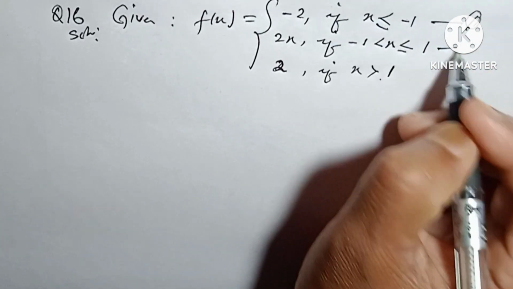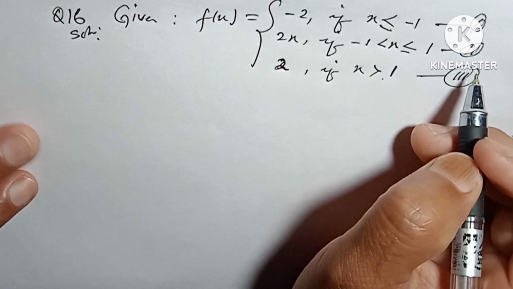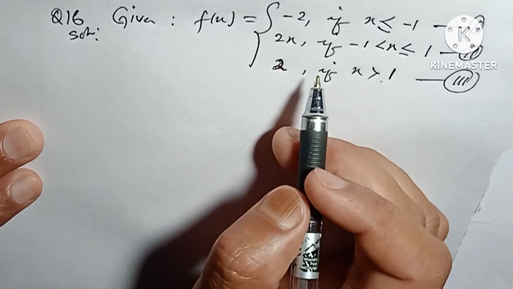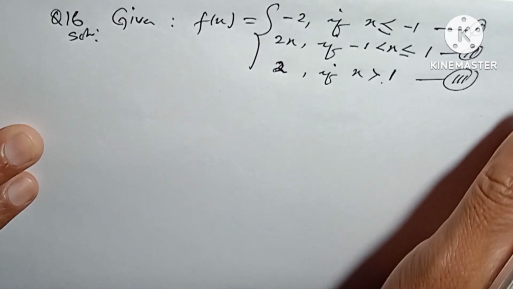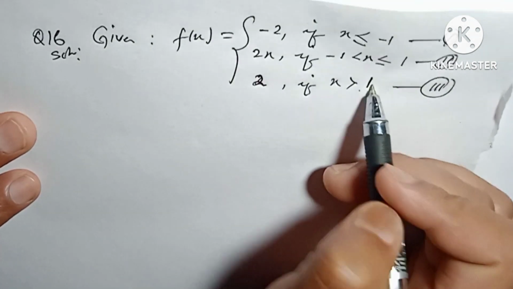This is case 1, this is case 2 and this is case 3. Let us check continuity at two different points, that is minus 1 and 1.